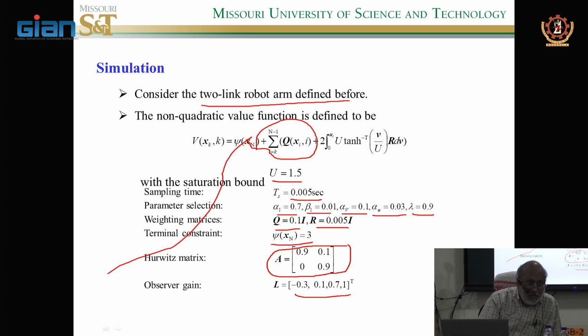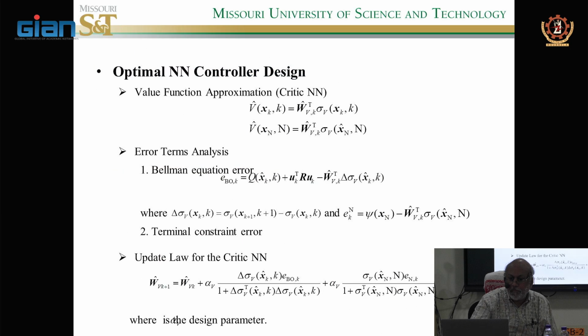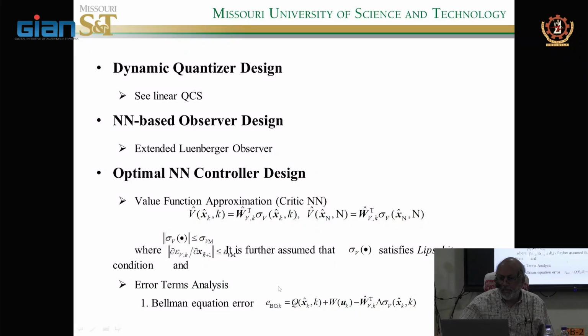Sir, in the Bellman error which we defined, we have the non-quadratic function forms. Right. So here is quadratic, just to show you, this is not quadratic. That's just the computation part, but the actual application of that phi function is in the control input.